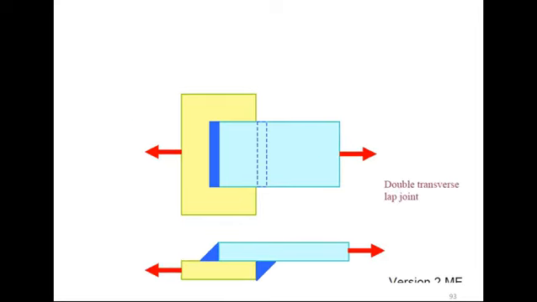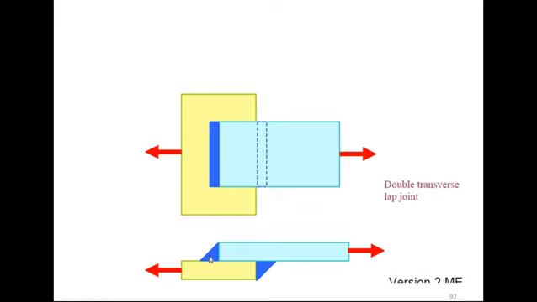Next we are going to see the double transverse lap joint. Earlier, in the single transverse lap joint, we did the joining process at only one place. Now in a double transverse lap joint we have done the welding process at two places: one here and another here.